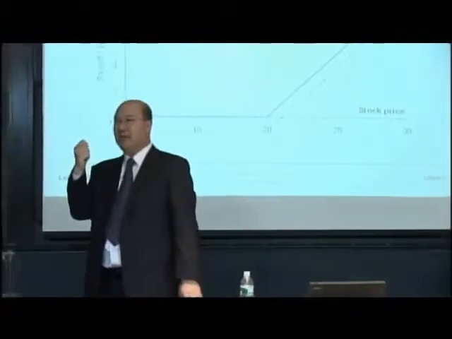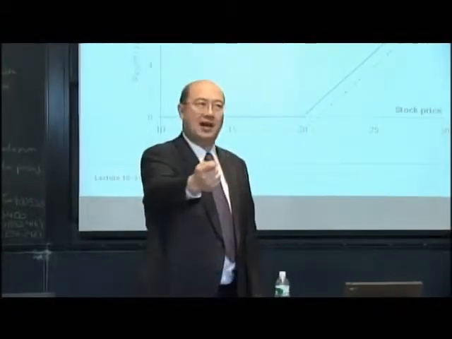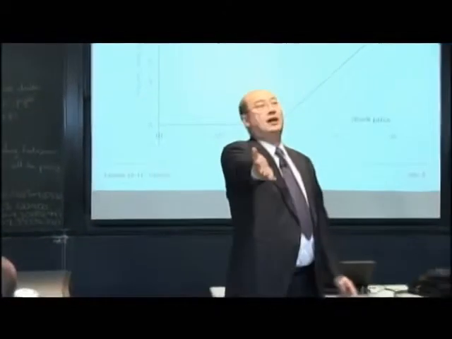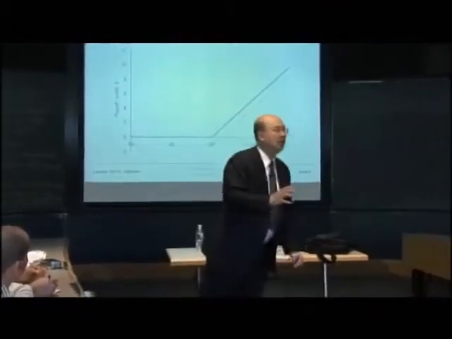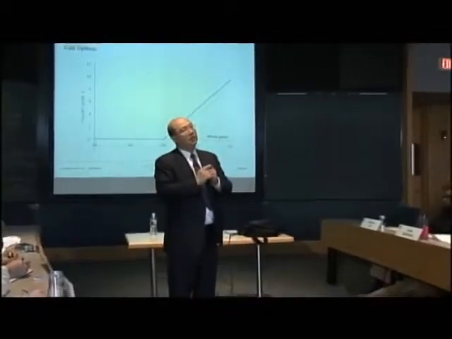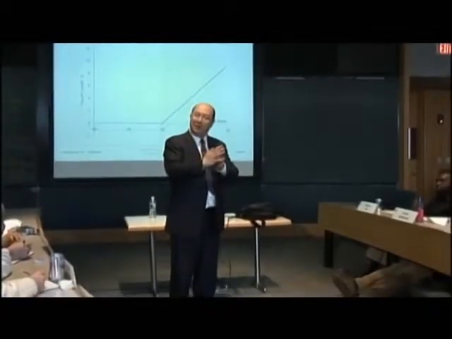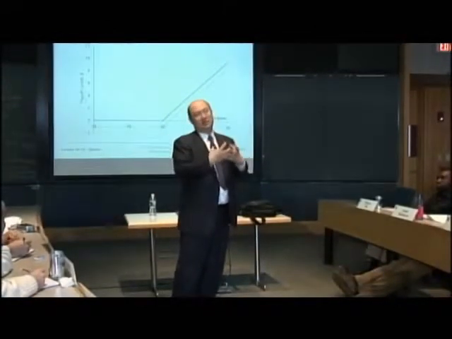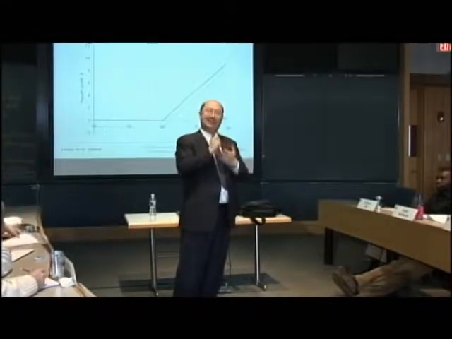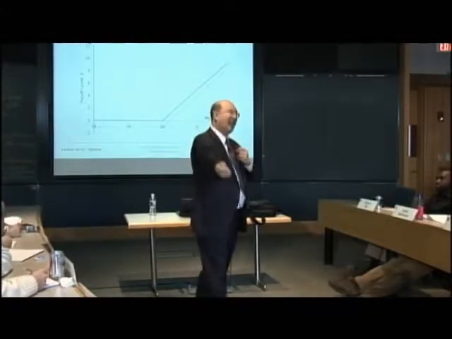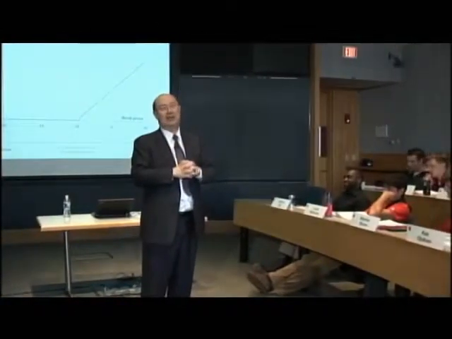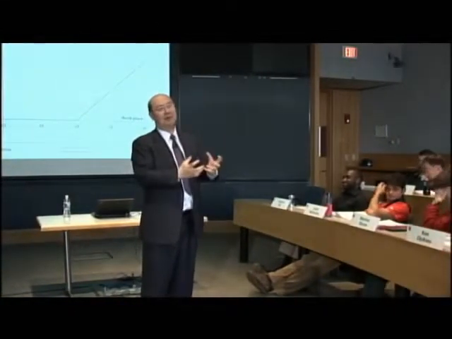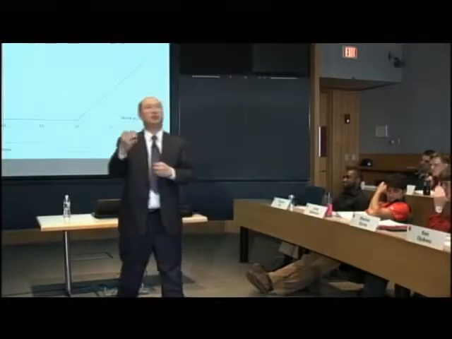Now, the put option allows me to sell the stock for, let's say, $20 on or before the exercise date. So with a put option, if I buy a put, I buy the right to sell the stock at $20. That's a little bit hard to keep track of, right? I'm buying a piece of paper that gives me the right to sell the stock for $20.